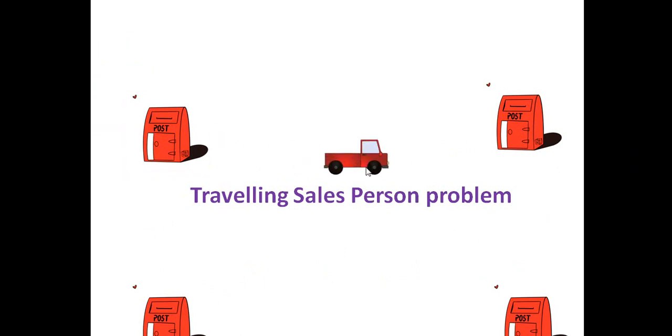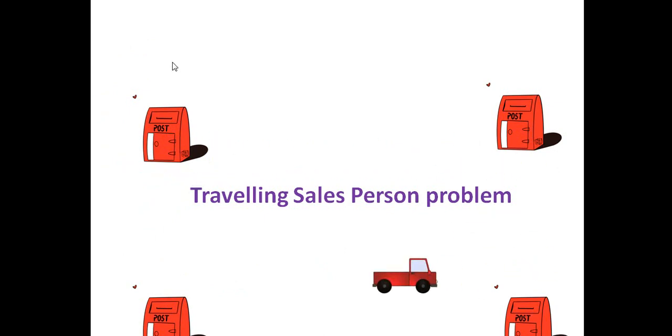Now see this. One vehicle is traveling from different places. Assume these all are different places. Assume this one is a postal van.